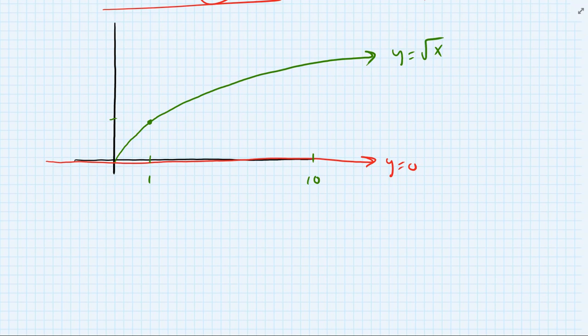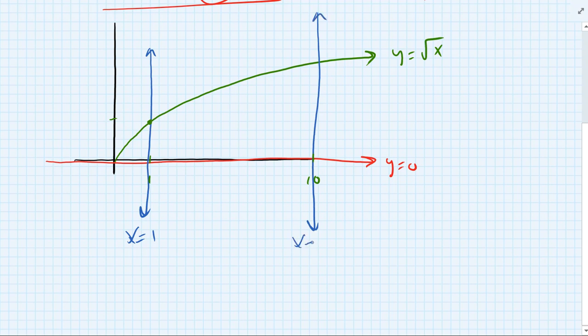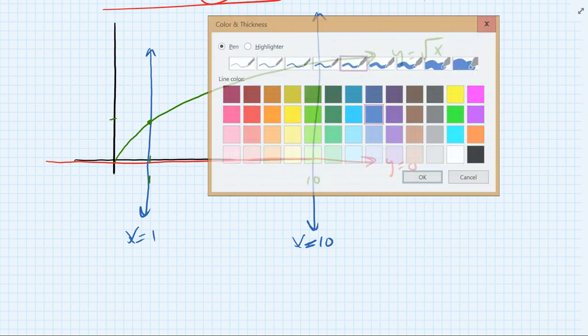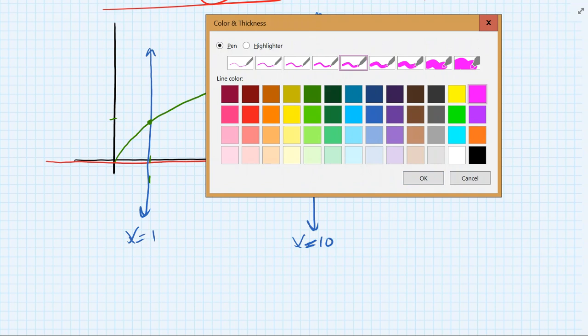And those are x equals 1, this right here, and x equals 10. If we were doing an area, we would be doing, let me see if I can find another color that I need. Oh yeah, that bright pink, that'll work.